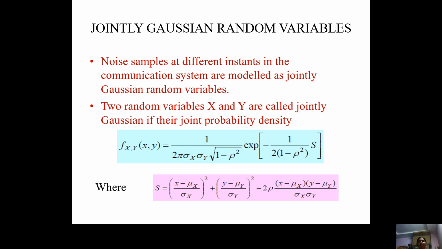Where the s value can be found by using the expression s equals ((x minus mu x) by sigma x) whole square plus ((y minus mu y) by sigma y) whole square minus 2 rho (x minus mu x)(y minus mu y) by sigma x sigma y. If the joint probability density function is like this, then those random variables are said to be jointly Gaussian random variables.